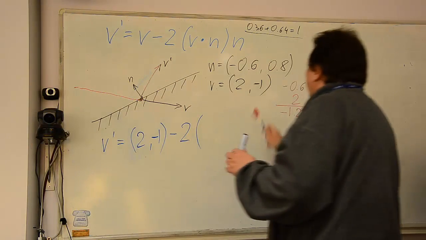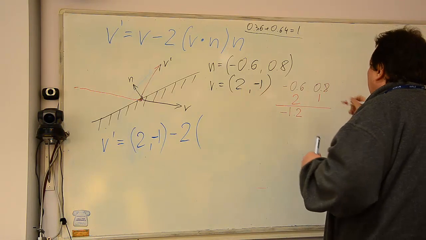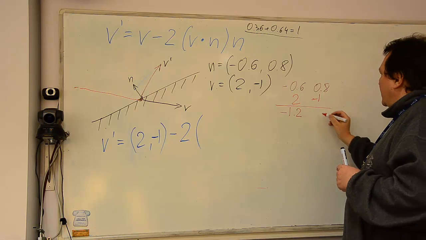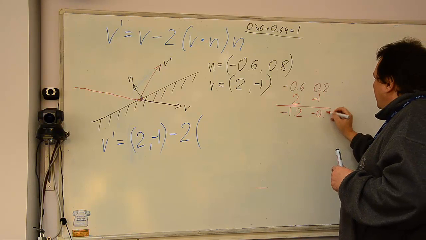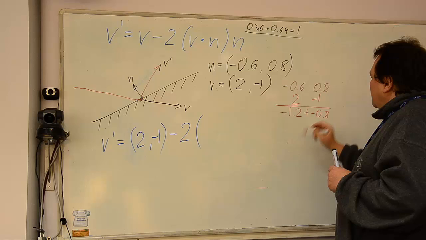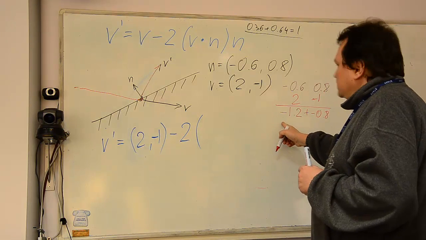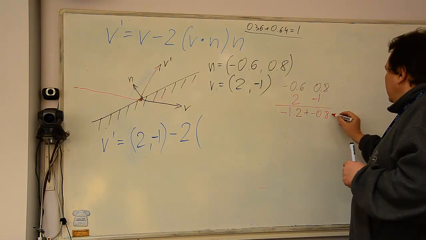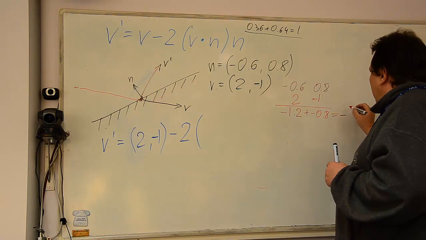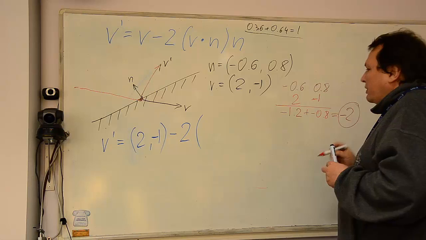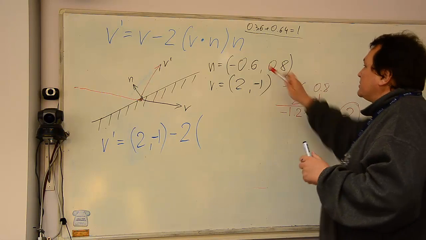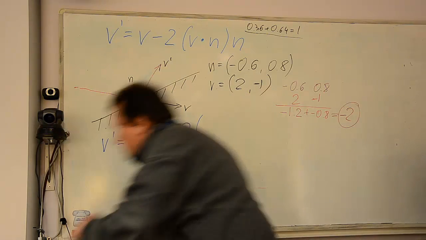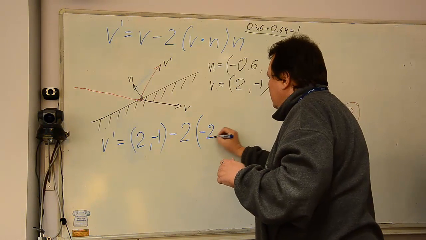So our velocity is (2, -1). 0.8 times minus 1 is minus 0.8. Adding both values, minus 1.2 plus minus 0.8, it's minus 2. So our dot product of both vectors is actually minus 2.